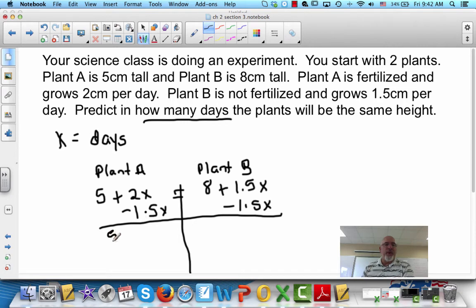That gives us 5 plus 2 minus 1.5 gives us 0.5x equals, these cancel each other out, and you're left with 8. Now I want to get rid of the 5, so I do minus 5 on both sides.